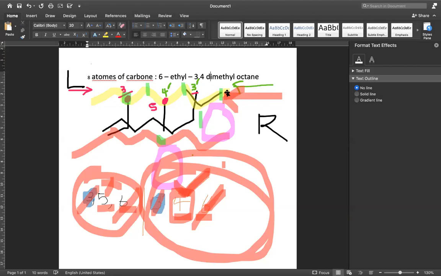If there were 4, we'll say tetra. And we're going to arrange the numbers in that order. We're going to say maybe 3, comma, I'll use letters A, comma, B. Because there are 4, we're going to say tetra.